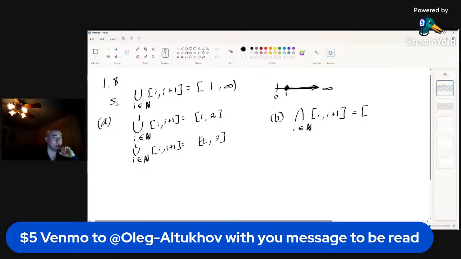All right, so let's do this. Where do they intersect? Well, they all start at 1, and they all will have 2 at least. So n to the 1. Because if n is equal to 1, because naturals start at 1, the first set would be 1, comma 2, closed.